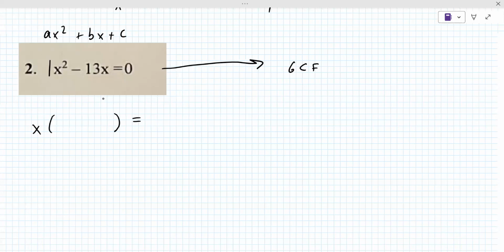X minus 13. Yes. And then just like the last problem, you set them equal to 0. So x equals 0 and x equals 13.